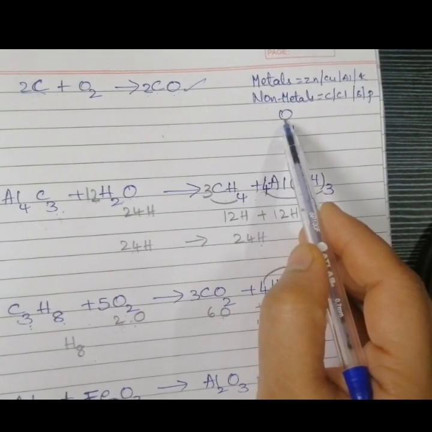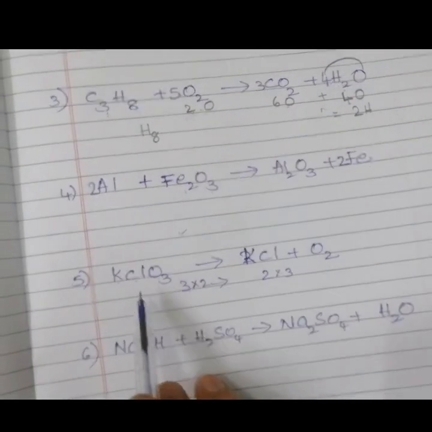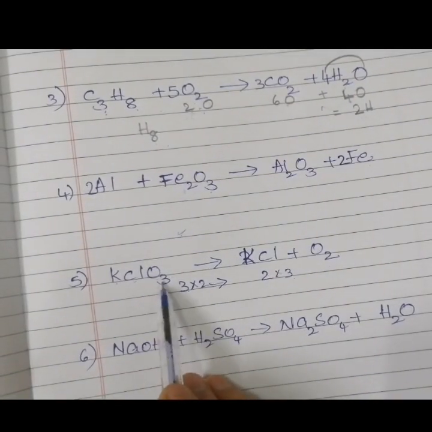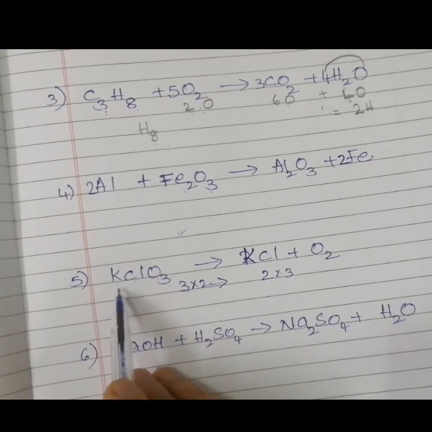So after balancing this, again we have to go to the non-metals and the metals. So I think it is clear why I said that after balancing the oxygen, again we have to check step 2 and step 3 here.